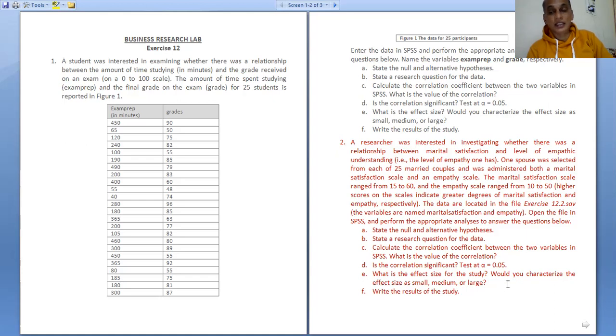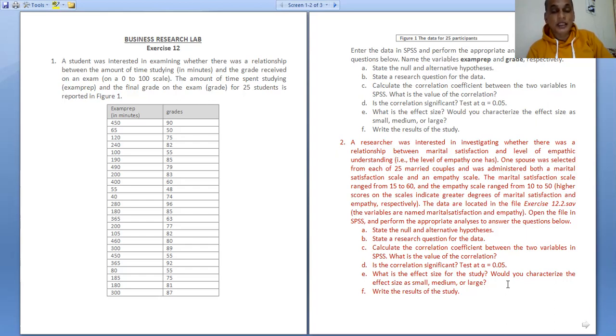And this effect size is supposed to be a large one, because we know if effect size is plus minus 0.1, it is small. If it is plus minus 0.3, it is medium. And if it is plus minus 0.5, it is supposed to be large. Since our value happens to be 0.558, we have a large effect size for this question.